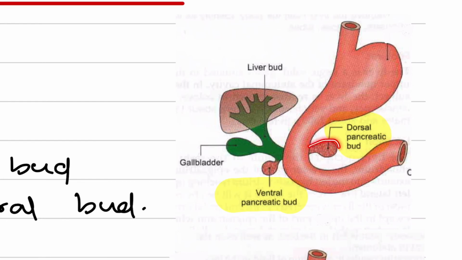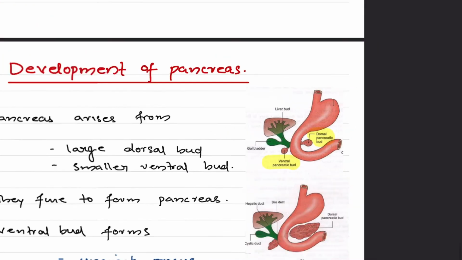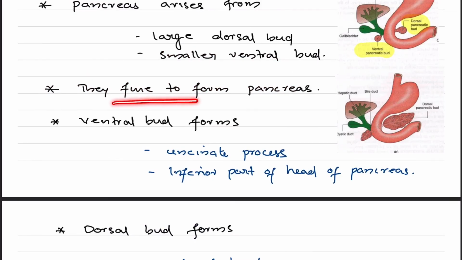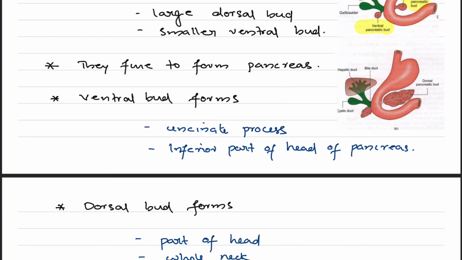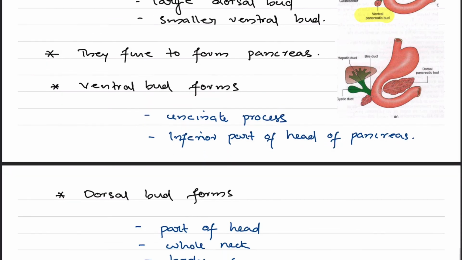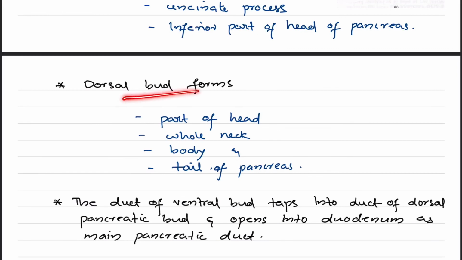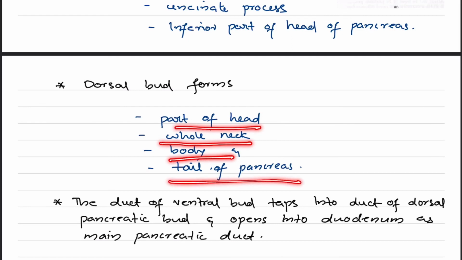The dorsal pancreatic bud is larger while the ventral pancreatic bud is small. Then these two buds fuse to form pancreas. So the ventral bud forms the uncinate process and inferior part of head of pancreas, while the dorsal bud, which is the largest portion, forms the part of head, the whole neck, body and tail of pancreas.